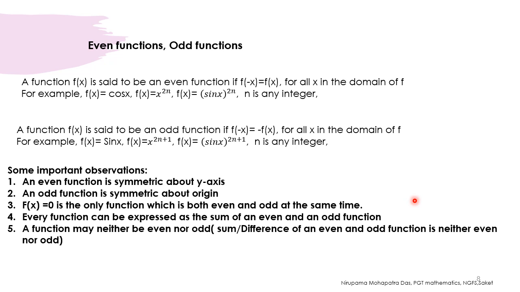Whenever you write f(x), it can be written as [f(x) + f(-x)]/2 plus [f(x) - f(-x)]/2. So any function can be expressed as the sum of an even function and an odd function. And finally, a function may be neither even nor odd. For example, if f(x) is even and g(x) is an odd function, then f(x) + g(x) or f(x) - g(x) is neither even nor odd.